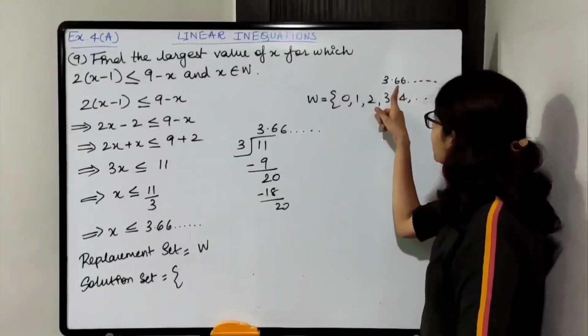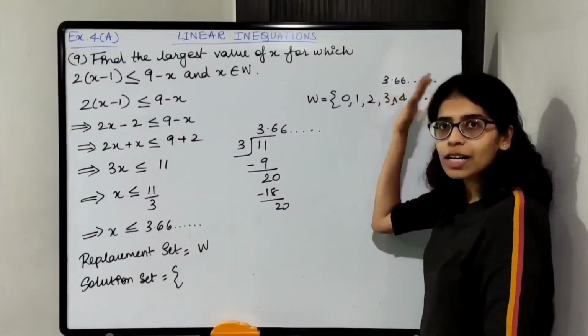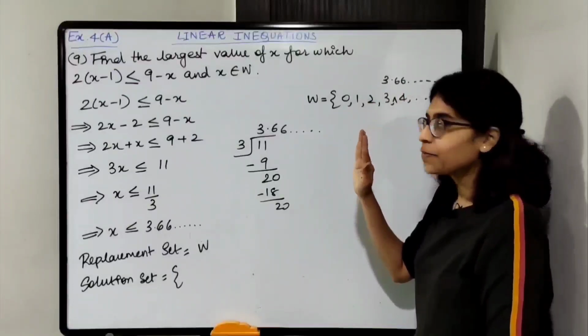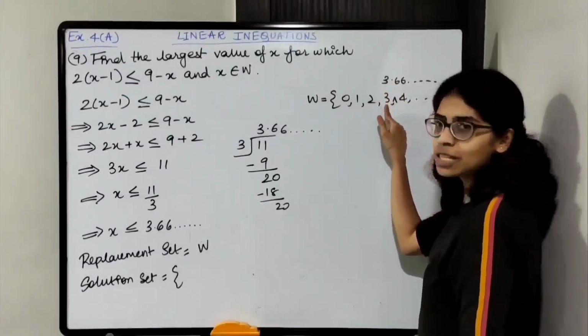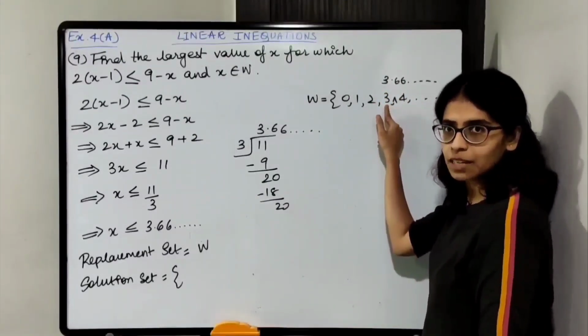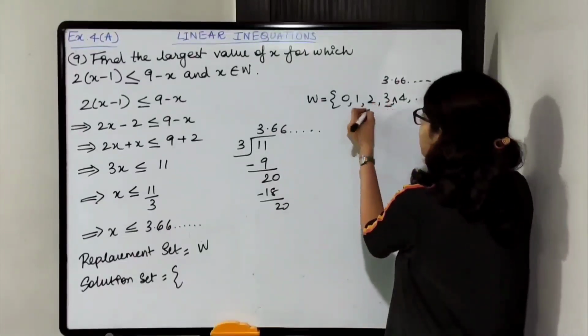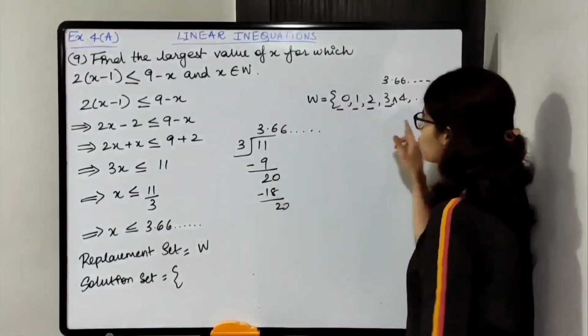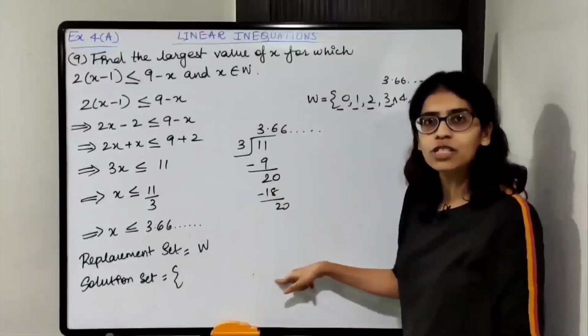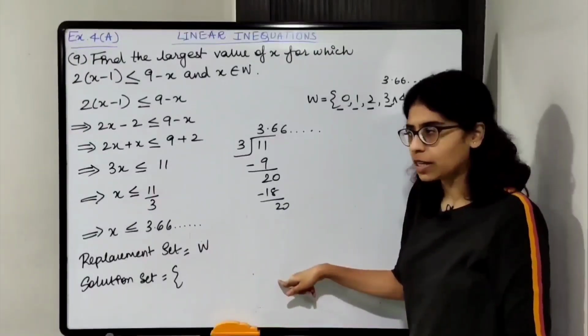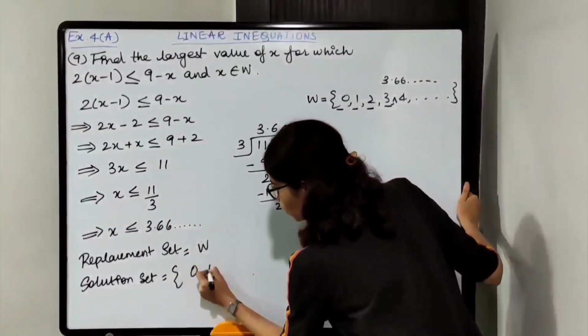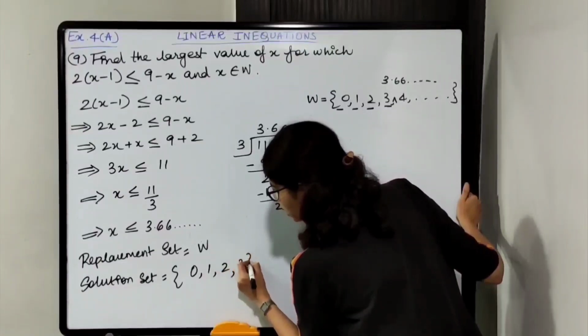So it can be this or less than that. So इससे less वाला value कौन सा है? 3 है ना? 3 है. So it can be 3, it can be 2, it can be 1, it can be 0. So all these values are there in the solution set. ये सारा values are there. So 0, 1, 2, 3 is the maximum value.